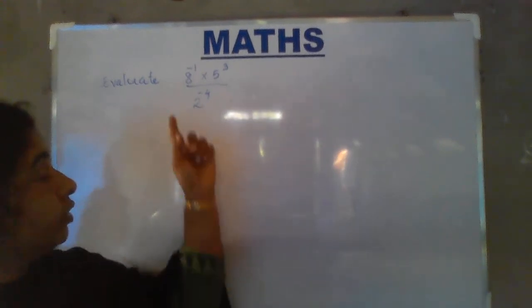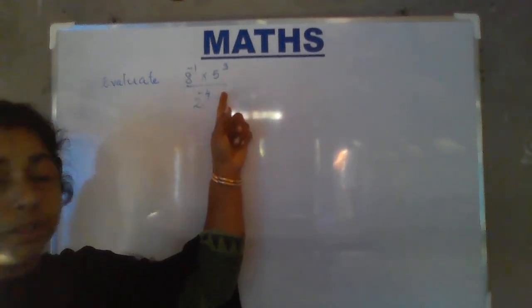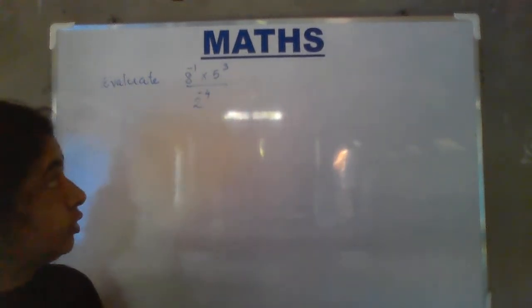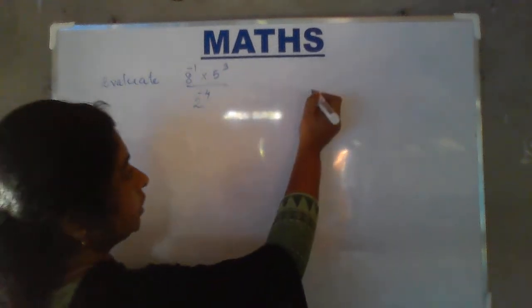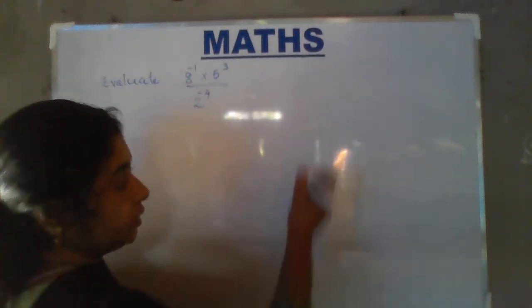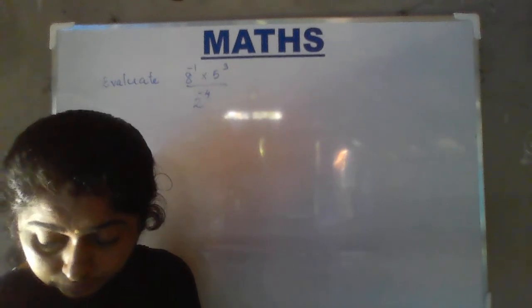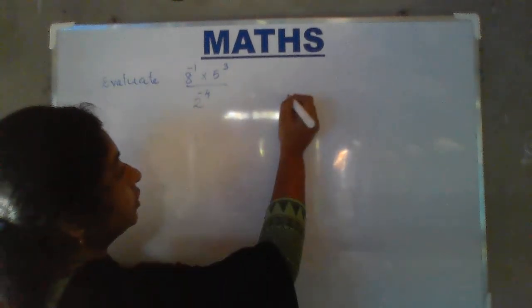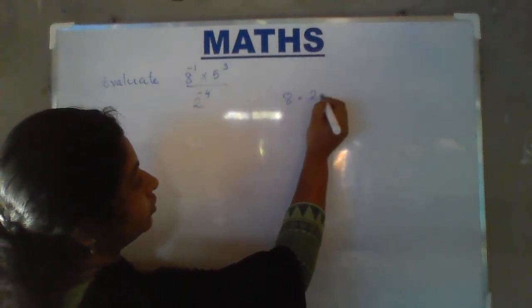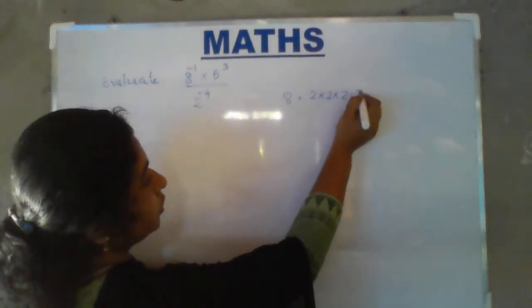Next question is evaluate 8 raised to minus 1 into 5 raised to 3 by 2 raised to minus 1. We know that 8 is, write 8 in the exponential form. The value of 8 is 2 into 2 into 2, which is 2 raised to 3.